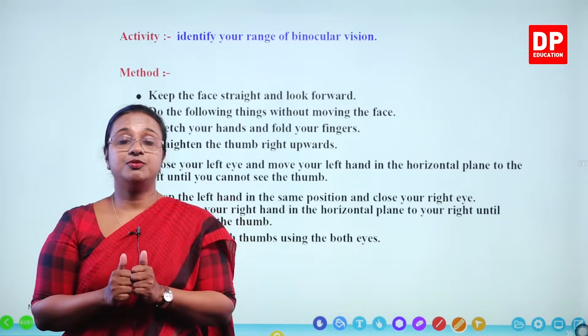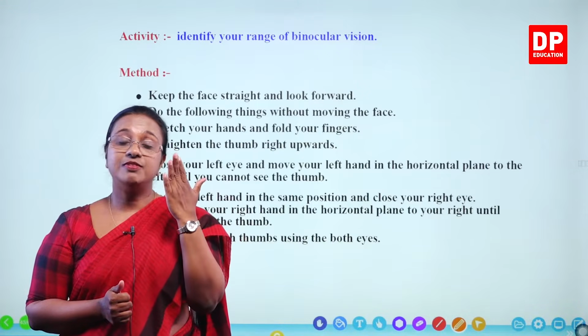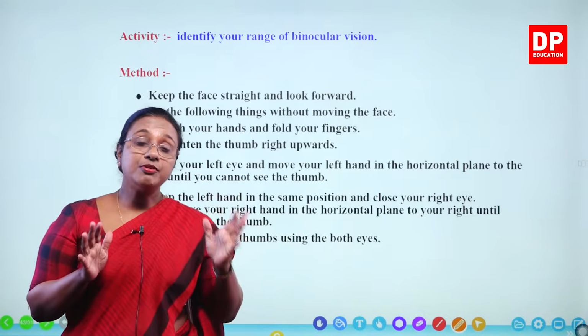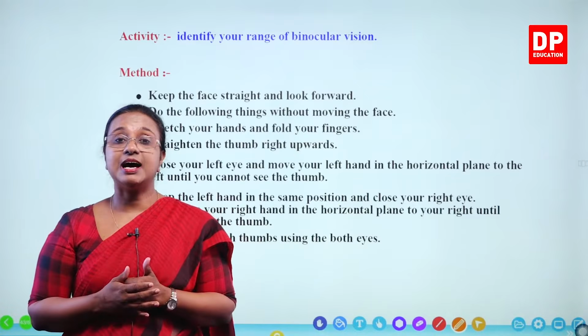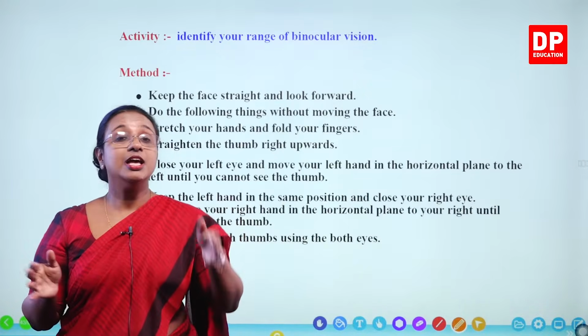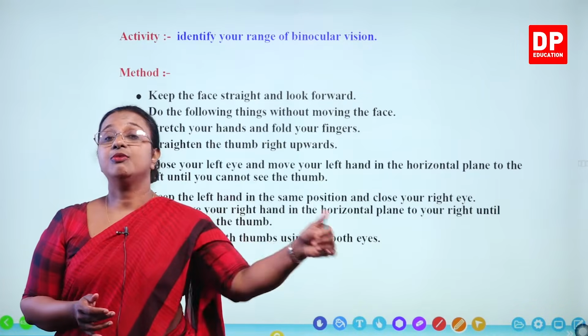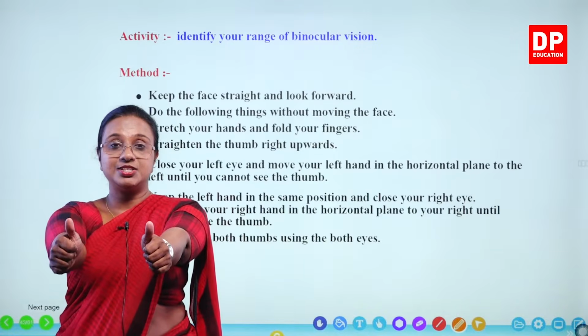Then what you have to do is close your left eye. You can't close it with your hand because you have to use your left hand. But I'm sure you are able to close one eye and look with the other eye. So you can do it easily. You have to close your left eye and move your left hand. I have both my hands stretched forward.